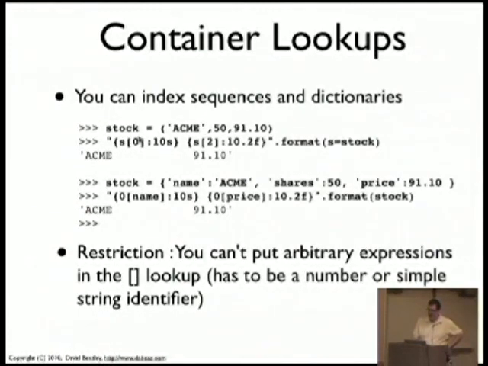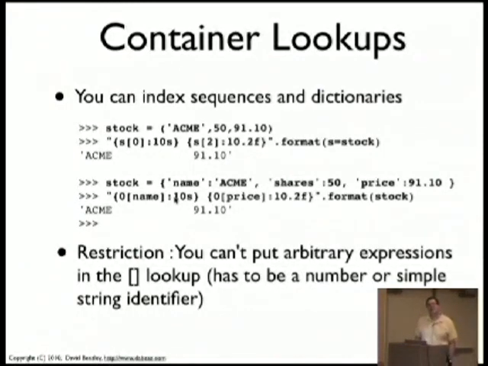Like I can say S bracket 0, format S equals stock. That is essentially doing an index lookup on S and getting the value. The same thing works for dictionaries. If you have a dictionary of named values, you can do dictionary lookups, where you say things like 0 bracket name, and it will just look up that value.